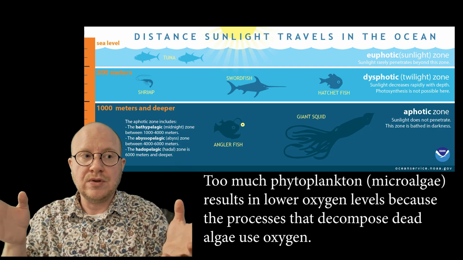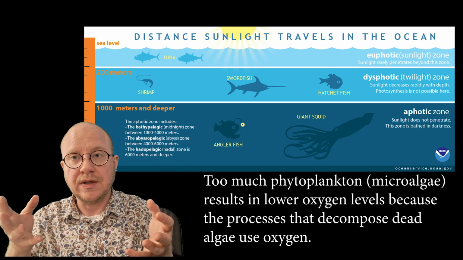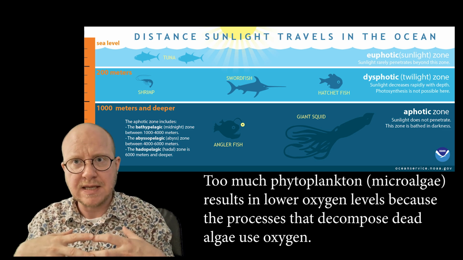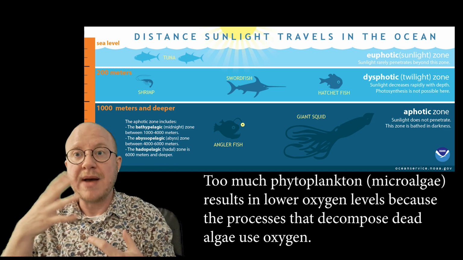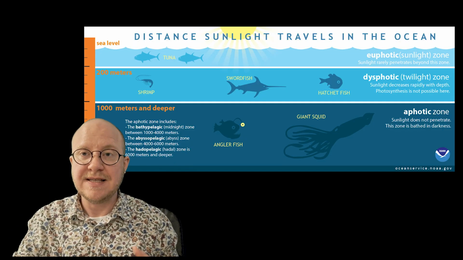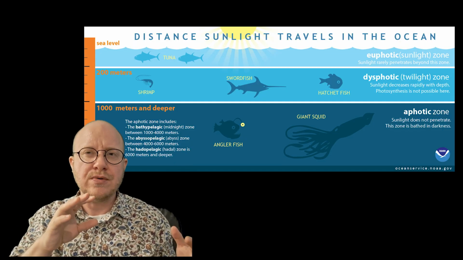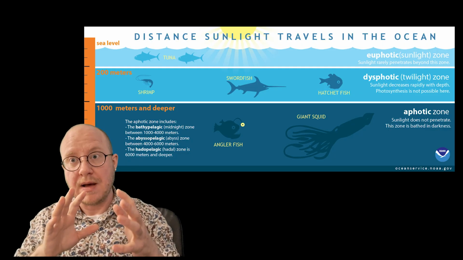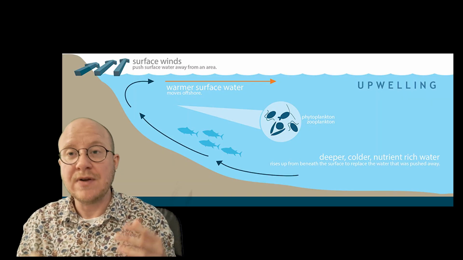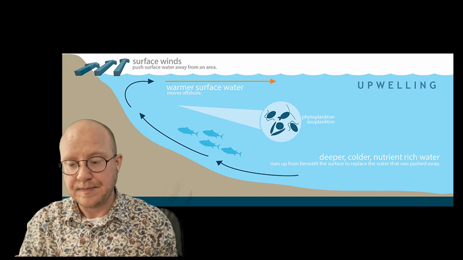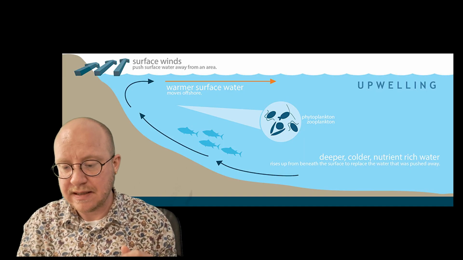And that would use up all of the oxygen in the water, which would kill things off, and you would have this kind of boom and bust cycle. So the ocean has these balances built in where nutrients kind of sink, and only occasionally or through special forces like upwelling do they come up. Okay, and even upwelling depends on the wind, right? So it's not a constant thing.